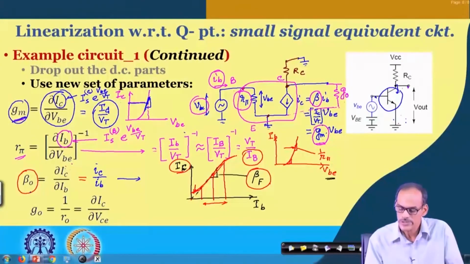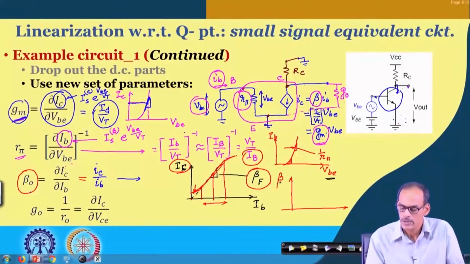So, if we sketch the variation of beta, either beta_f or beta naught, with respect to Ic, in the middle range it remains fairly constant. If you go to very low current, it may drop, and likewise if you go to higher current, it may drop.